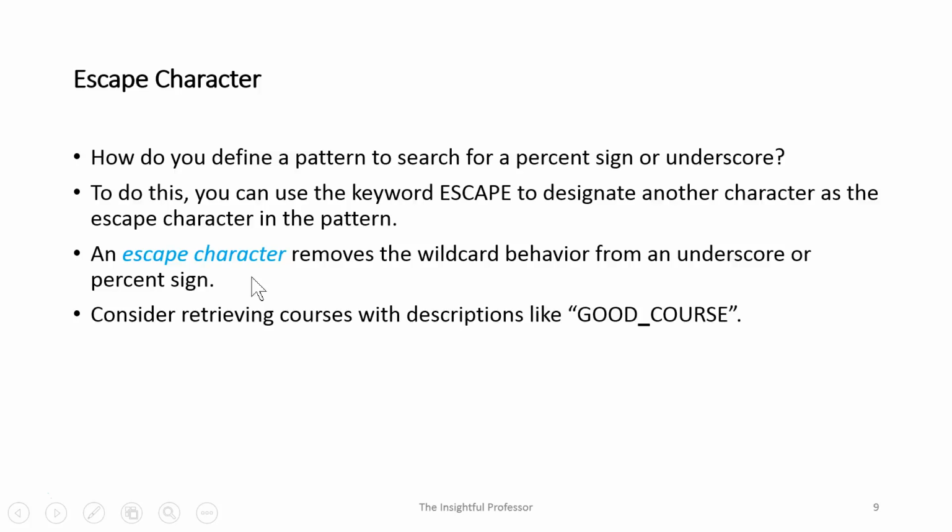That's kind of boring and ho-hum. But the idea is that by introducing an escape character and immediately placing it before a percent sign or an underscore, you neutralize its meta character properties, and it becomes just a regular old run-of-the-mill underscore or percent sign, and then you can do a search for that.